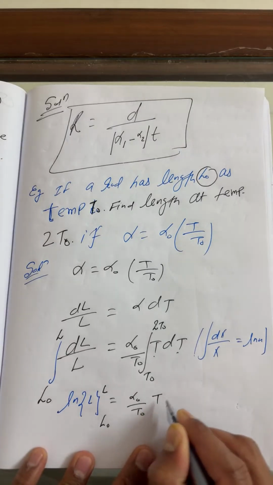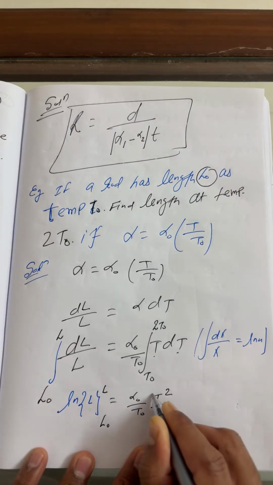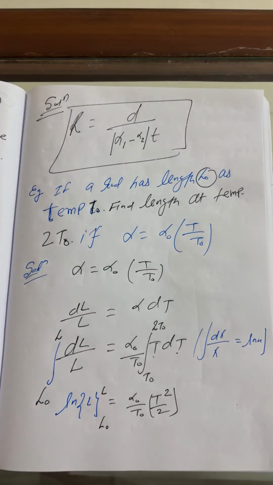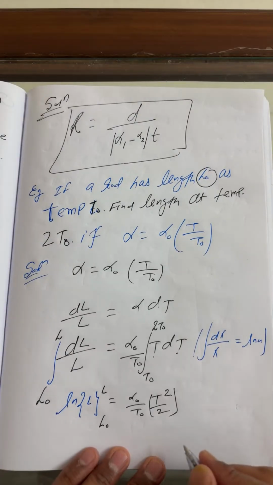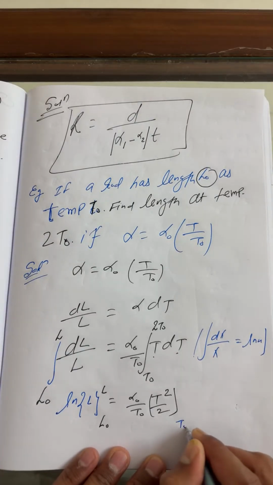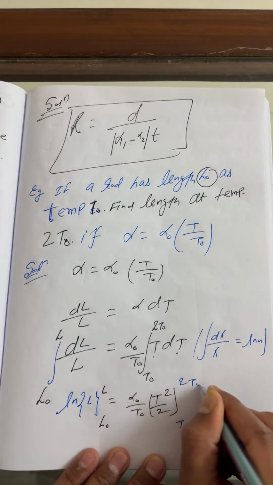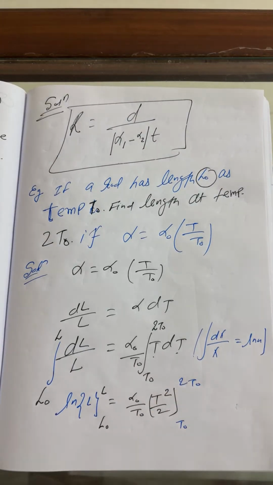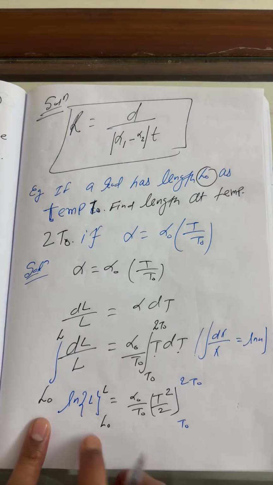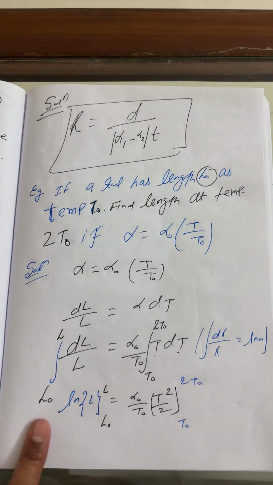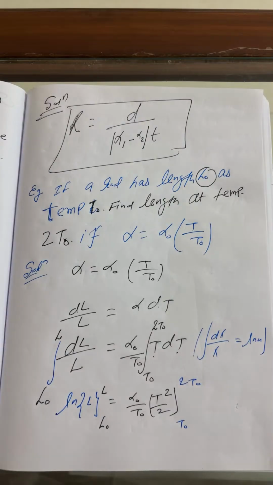So this is T square by 2. Don't forget to write the limits: T naught to 2 T naught. Just put in these values and apply the limit. Yesterday I said ln m minus ln n.